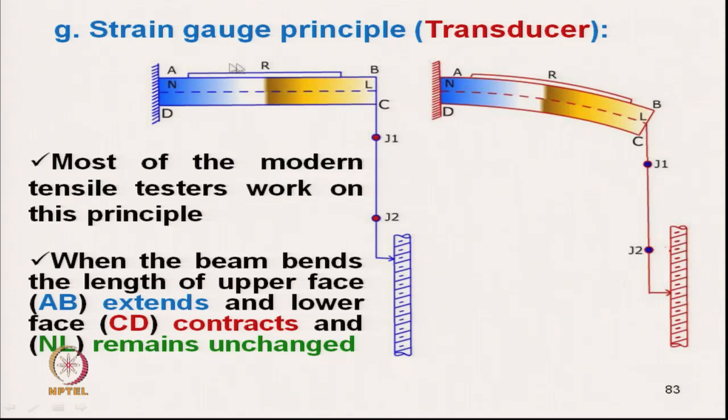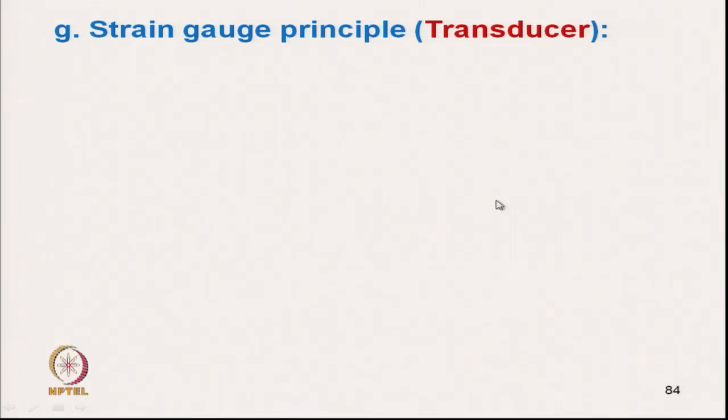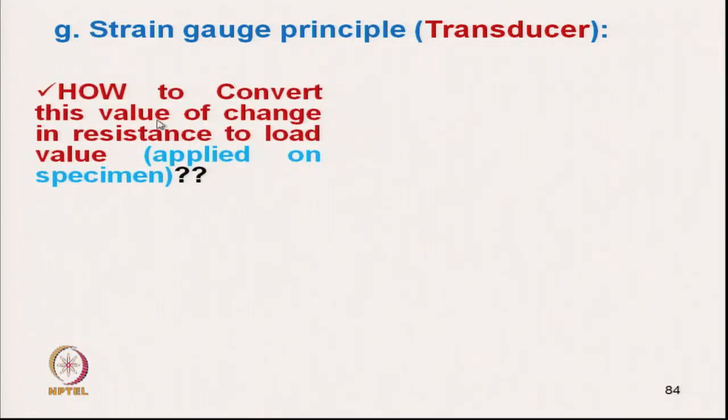In the top layer and bottom layer, the resistance wires are fixed. Now, we want to measure the deflection due to the load. So, how do we convert this change in resistance, caused by the extension and contraction, to the load value?